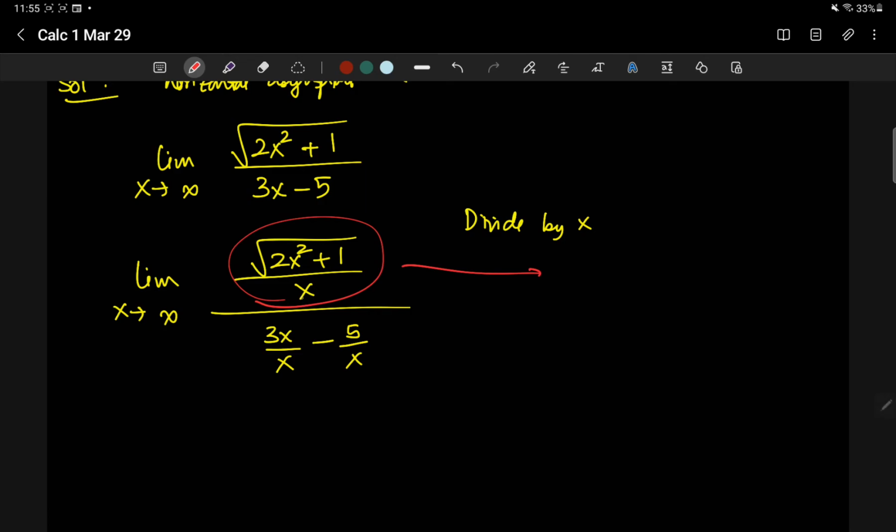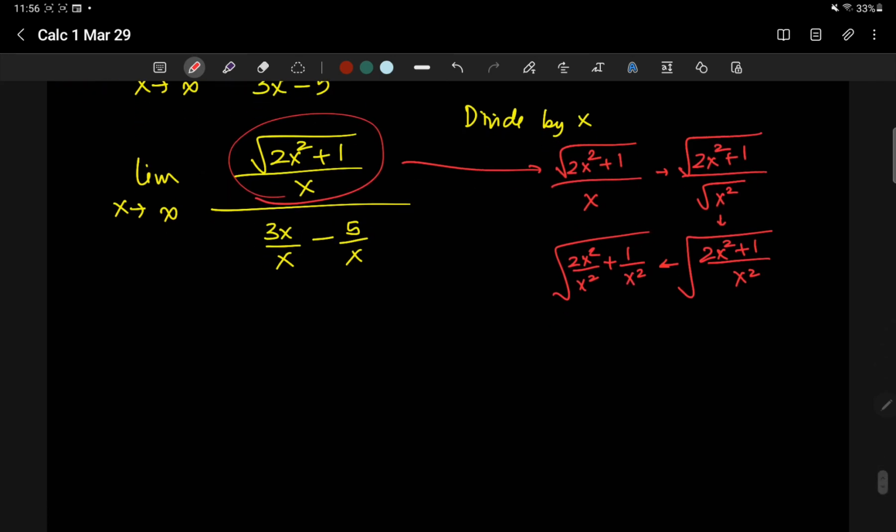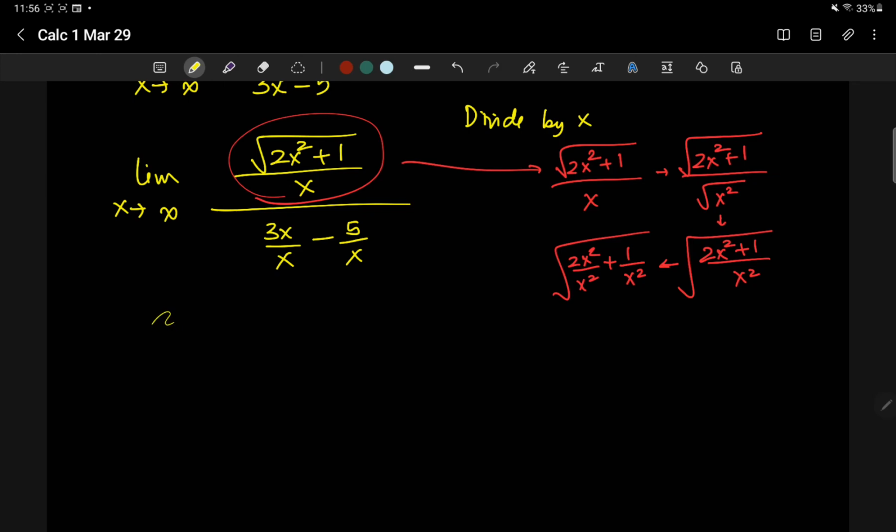Now since we divided by x, we want to take this x inside the square root. So I'm going to write this as the square root of x squared, after which it becomes one single square root, which can then be split as 2x squared over x squared plus 1 over x squared. So which is why dividing by x is going to work.